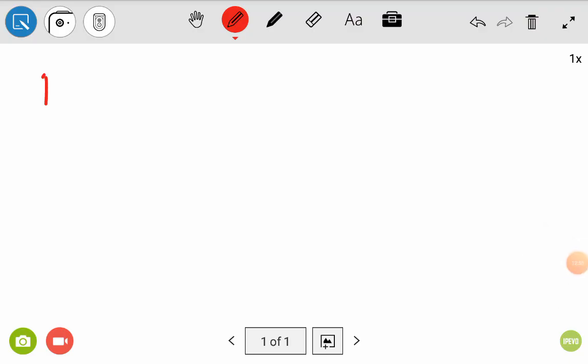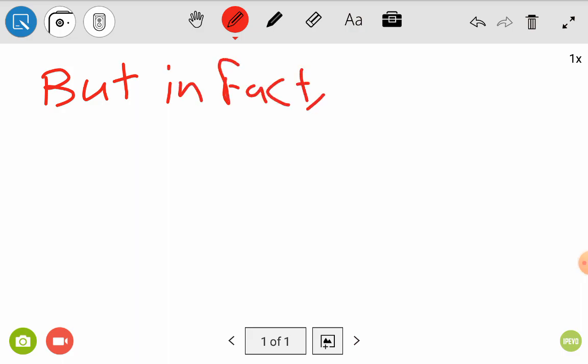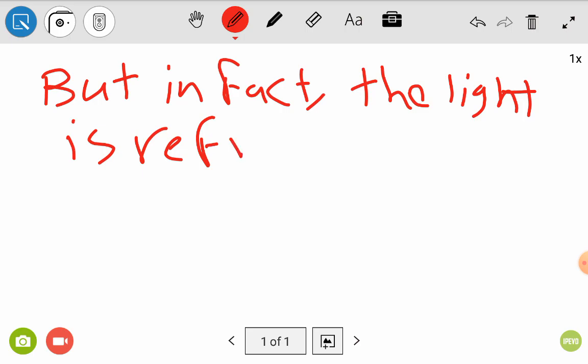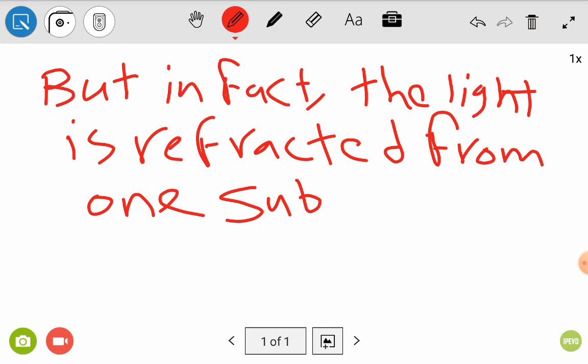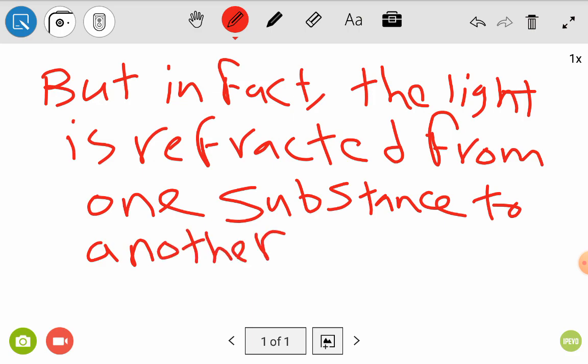But in fact guys, the light is refracted from one substance to another by different directions.